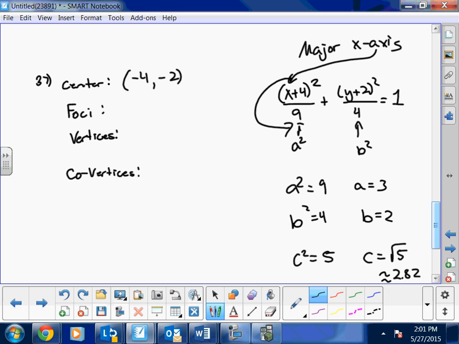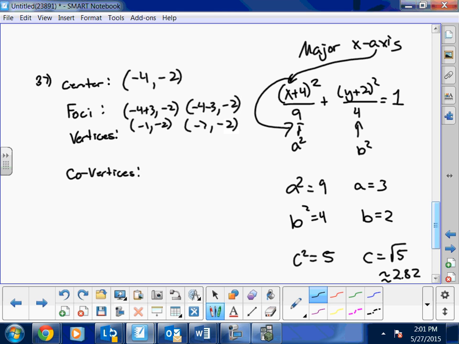So because of that, my foci is going to move from the center, specifically on the x. So one of my foci is going to be -4 plus 3, -2, and the other one's going to be -4 minus 3, -2, which means I have -1, -2, and the other one's going to be -7, -2. Vertices, same idea.